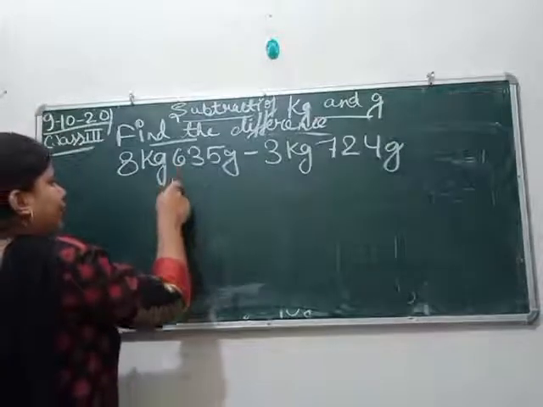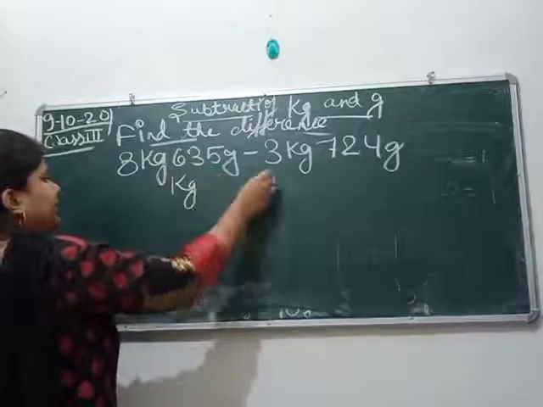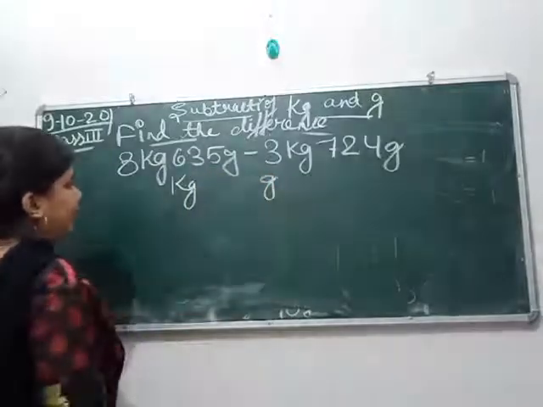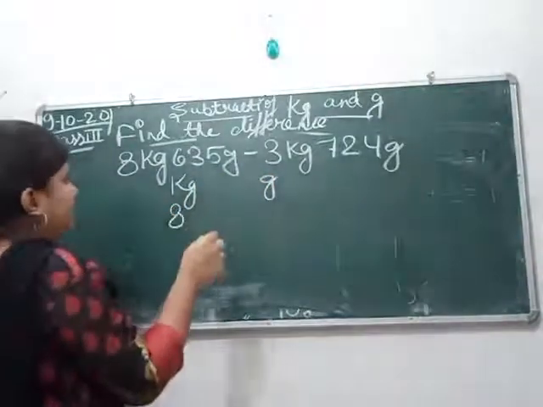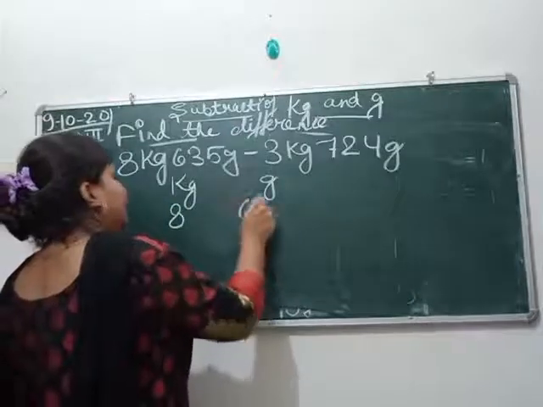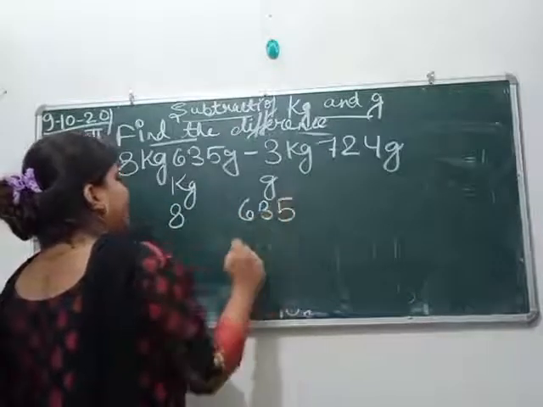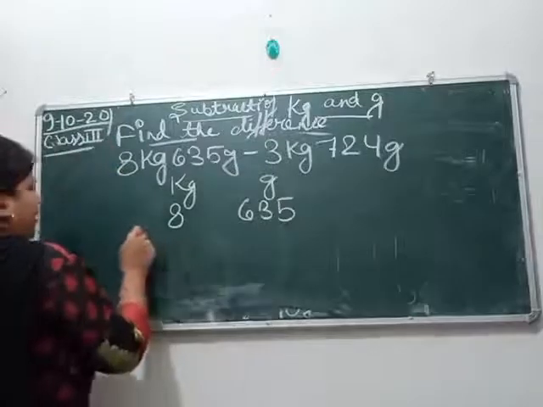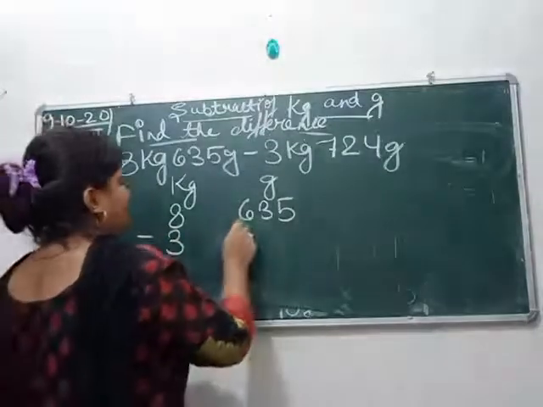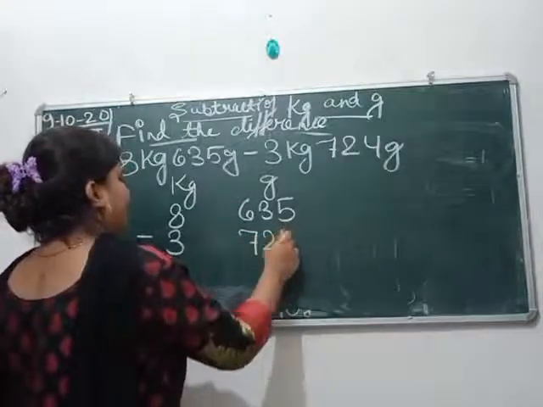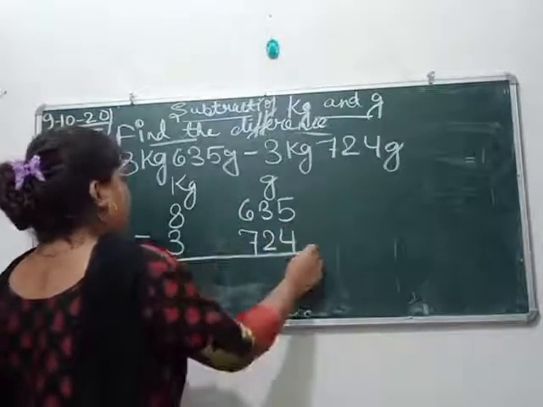First of all, we will write the heading, that is kg, and at a distance we will write gram. Now 8 kg 635 gram. From here we have to subtract 3 kg 724 gram.